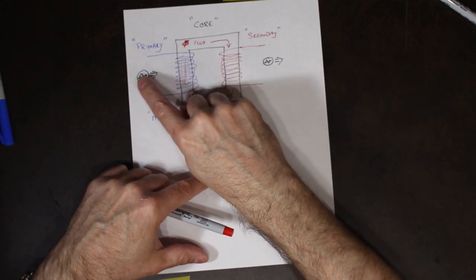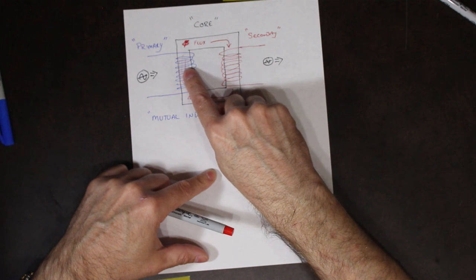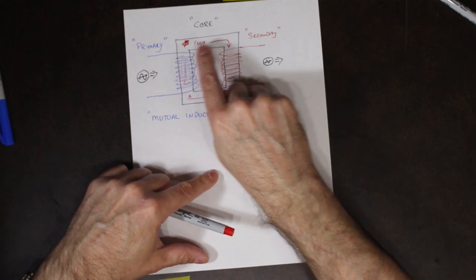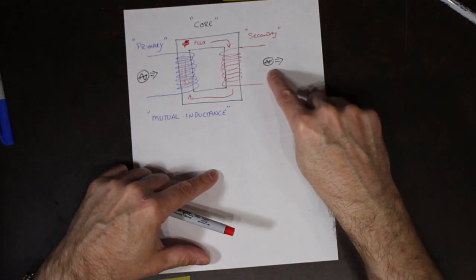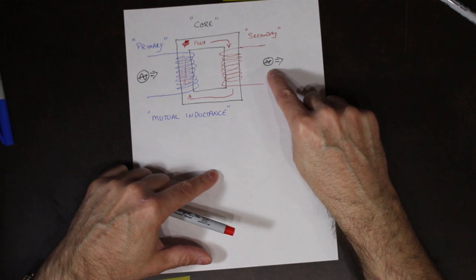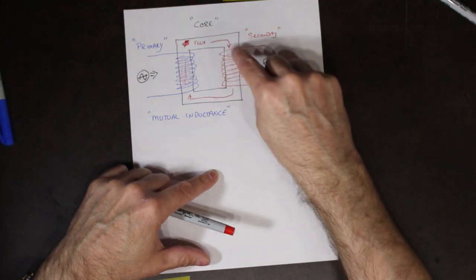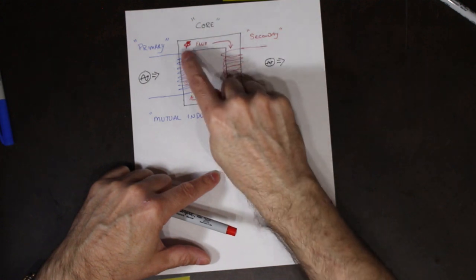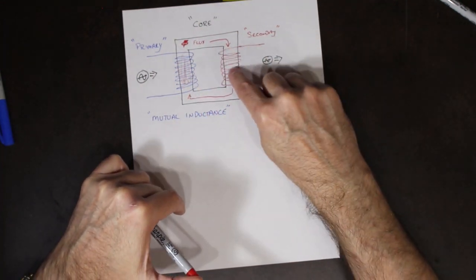So, on the primary side, we apply an AC waveform. It creates a magnetic field. In turn, that magnetic field creates a voltage on the secondary coil. So that's all based on mutual inductance. They share that same magnetic field. And the core's job is to direct that magnetic field from the primary into the secondary.